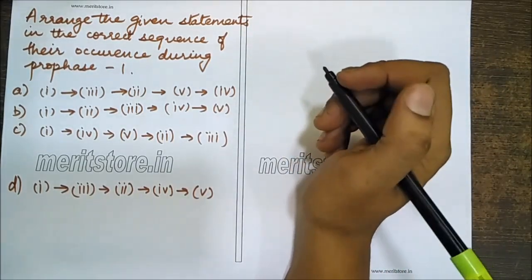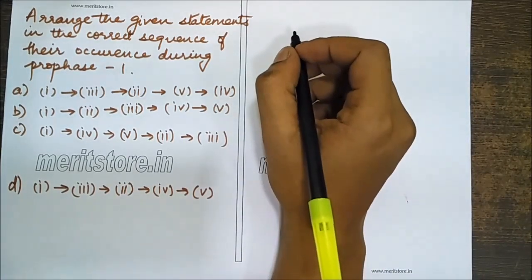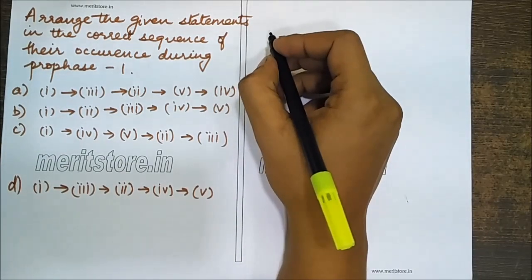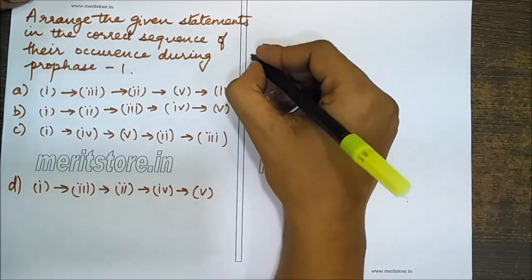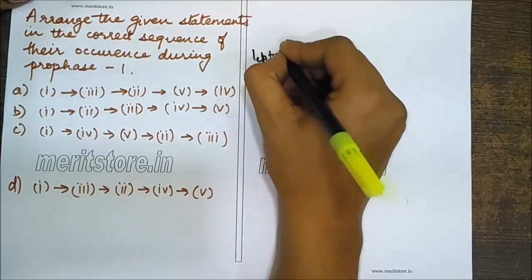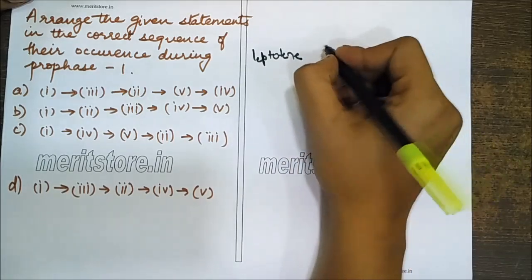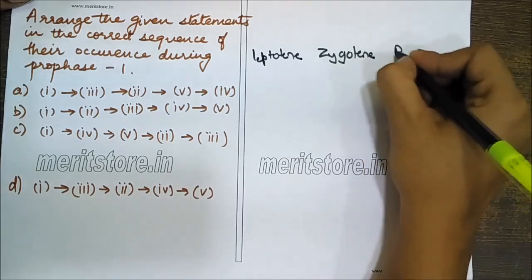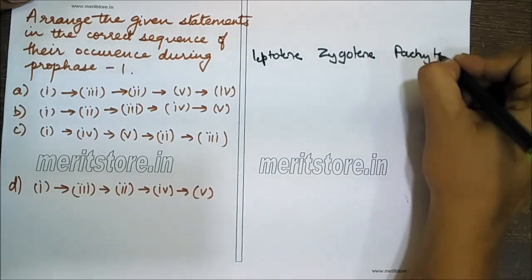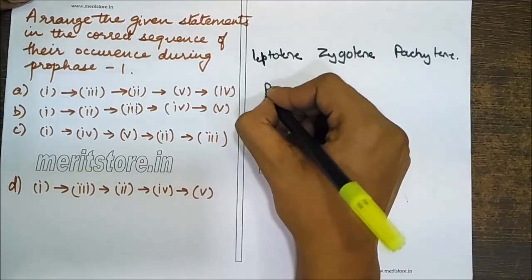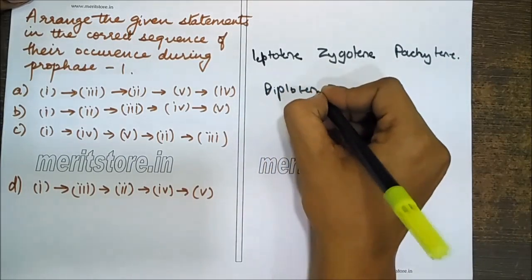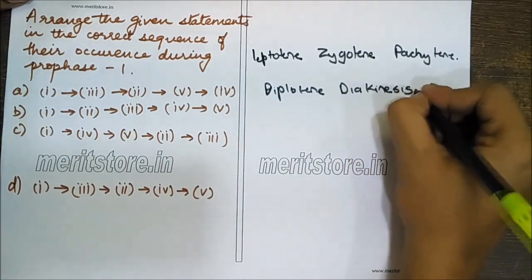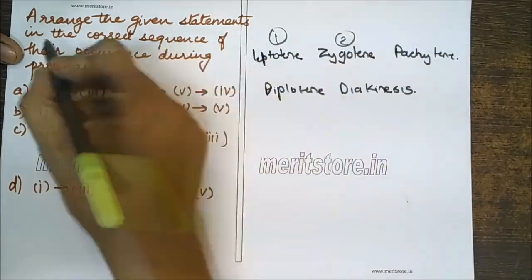See, we have already studied meiosis, and in prophase 1, the correct sequence that happens is, first there is leptotene, next zygotene, next pachytene, next diplotene, and then diakinesis. Okay, this phase is missing in this question.